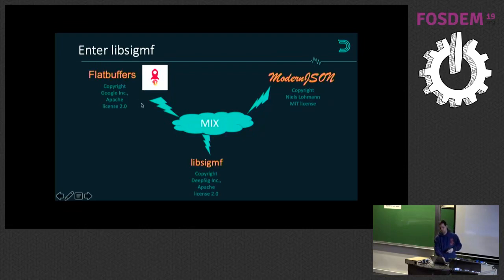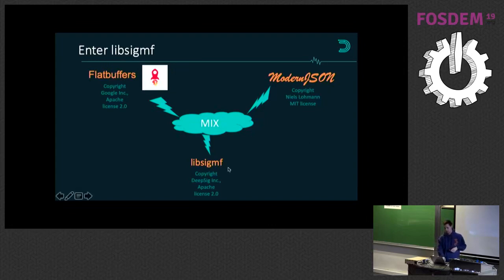One of the nice things is that it has these object description types, so you can actually get a type that describes the object that you've generated from the schema, and I use that to parse through the structure and make sense of the object that has been created from the schema. Modern JSON is just used for the JSON serialization and deserialization, because why recreate that when someone else has already done it in a header-only format?